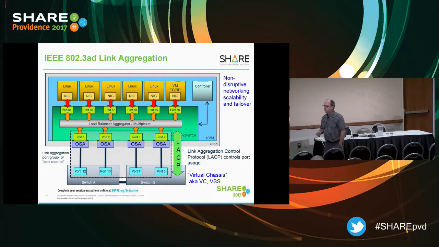Now, link aggregation says what I want to do is take multiple cables, multiple ports, wrap them together, and send data down them concurrently. Instead of serially, I'm now able to send data in parallel. All right, so there we go from serial back to parallel, then we did ESCON, now we're at FICON.